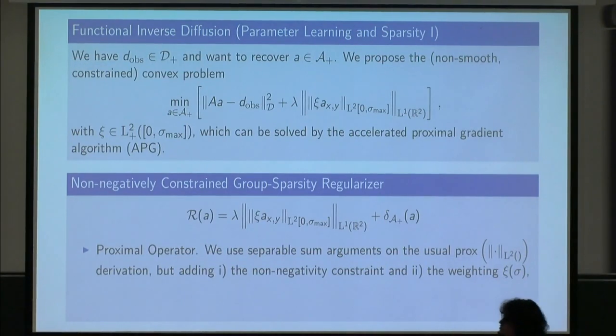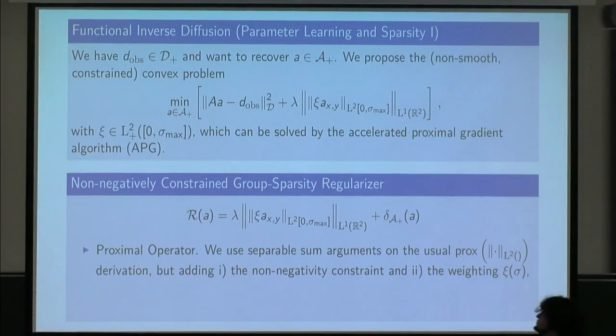So moving on, we needed to derive the proximal operator of the non-negatively constrained group sparsity regularizer. Here we weren't able to find this in the literature. We know that the group sparsity regularizer was known, but if you put in these two addendums, the weighting and the non-negativity constraint, we weren't able to find it.